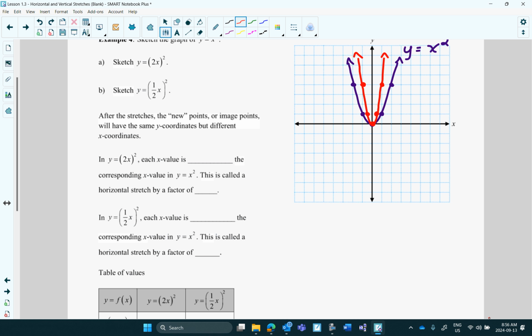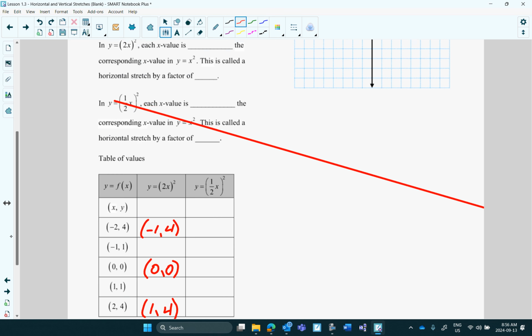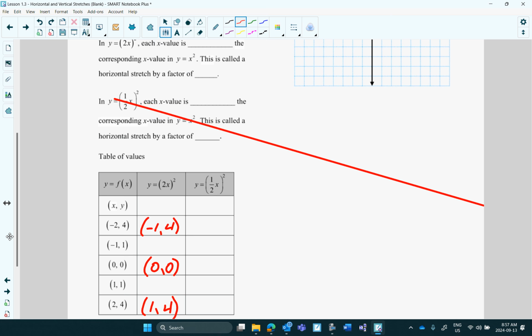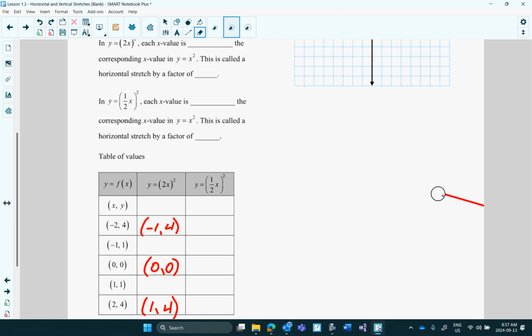And when y stayed at negative 1, x moved to negative 1/2. Right, keeping the y's the same. So that's what happened in the new ones.